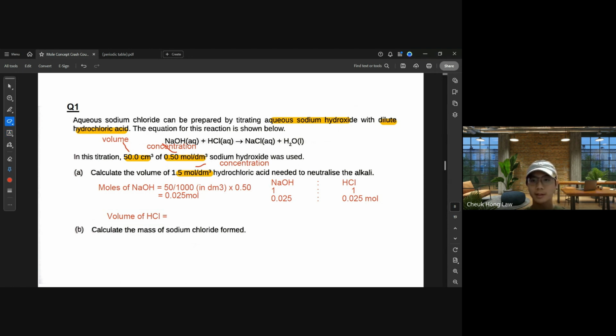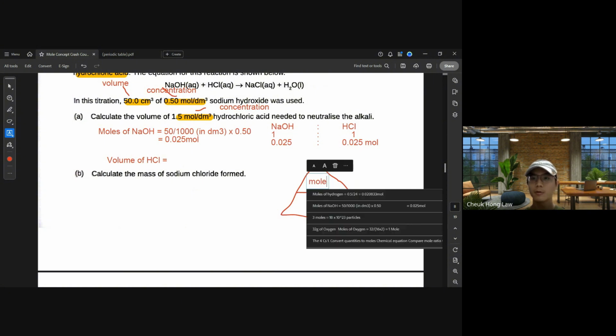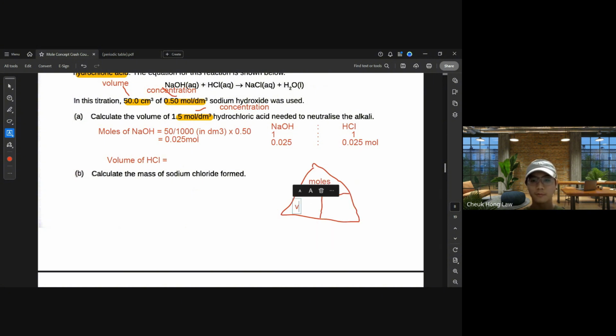I like to use this method, which is I draw a triangle. Then I draw a T in the middle. Then for mole formula 4, the top of the triangle will be mole. This will be volume. This will be concentration. So by drawing this triangle, no matter which is the subject, I know how to flip the formula.